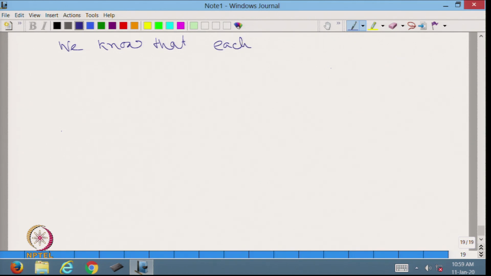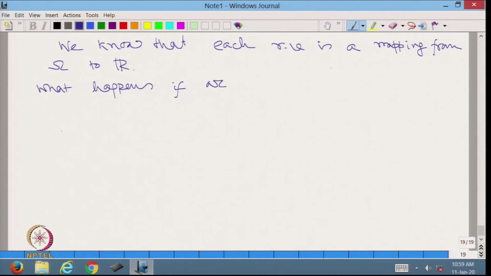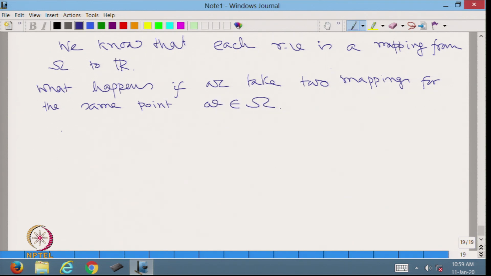So far we have discussed mean and variance of a random variable, and we know that each random variable is a mapping from omega to R. What happens if we take two mappings for the same point omega belonging to omega?